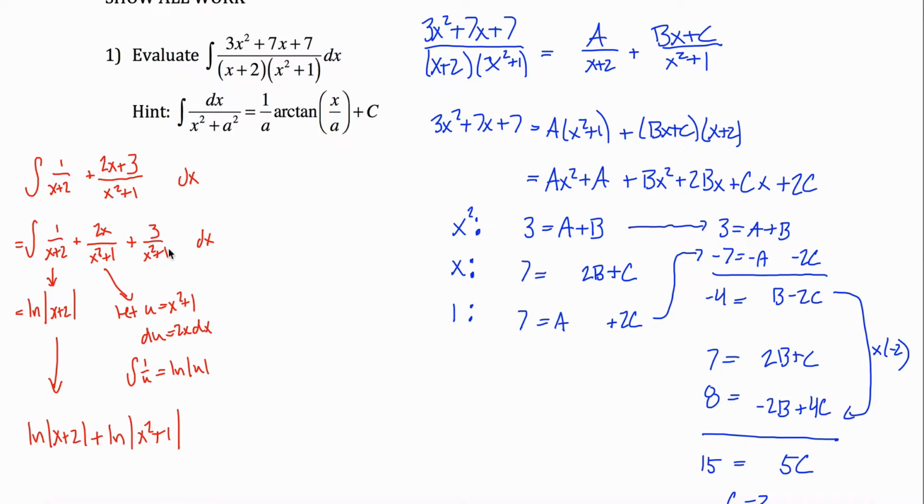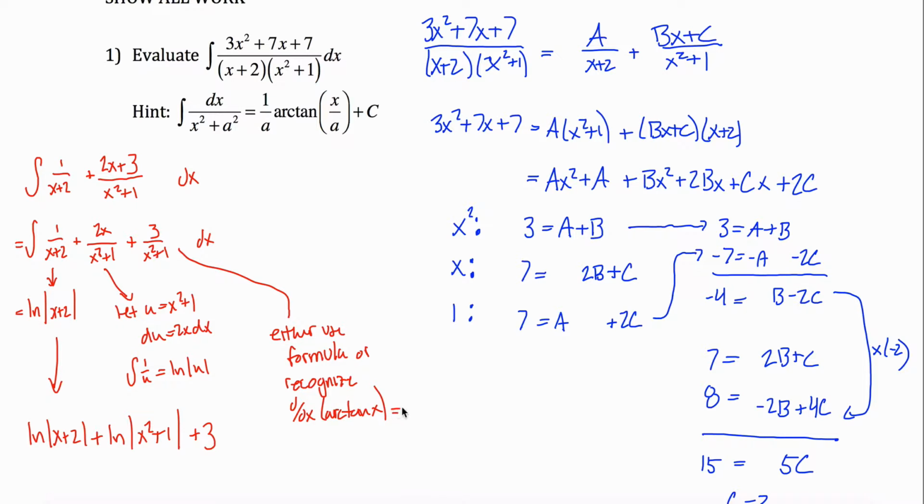And then for this last one here, I got 3 times, and then for this guy, I'll say either use the formula provided, this guy up here, or recognize the derivative of arctangent.